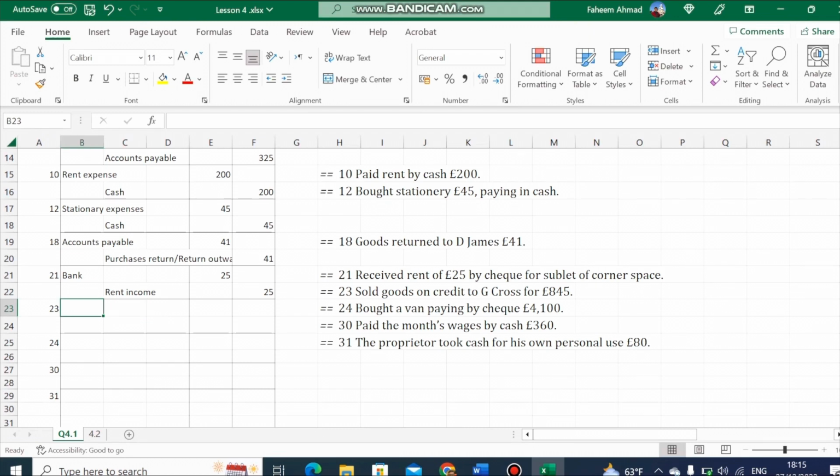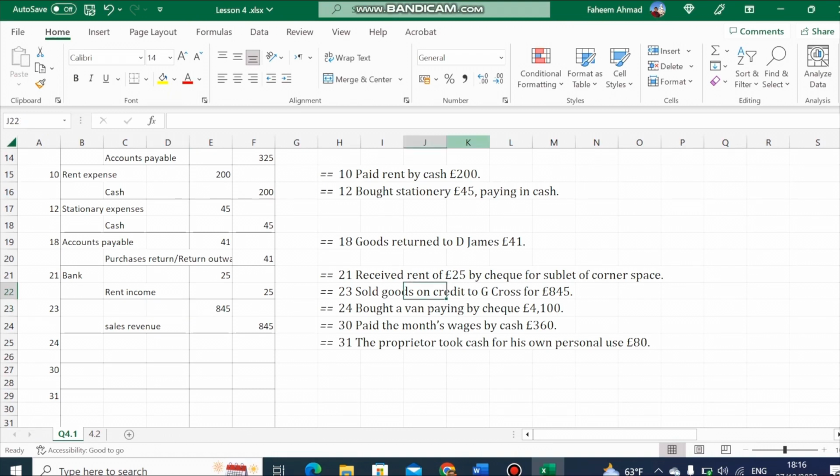Next is 23rd. Sold goods on credit to G Cross for 845 pounds. Sold goods, sales revenue increasing, income increasing, credit, sales revenue. Amount 845. Okay, they sold goods on credit.